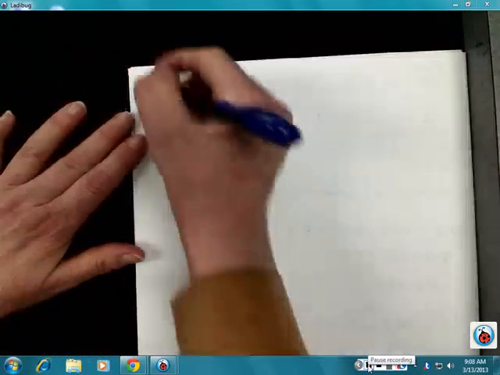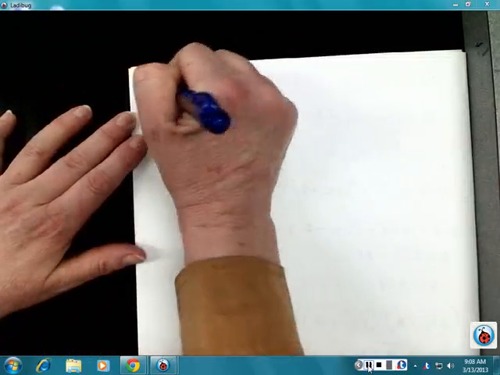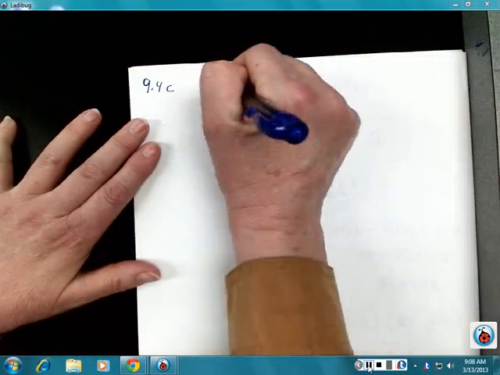Okay, last piece. And that is 9.4c, and this one is rationalizing a denominator.